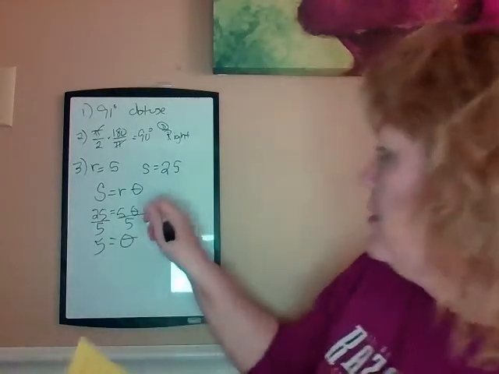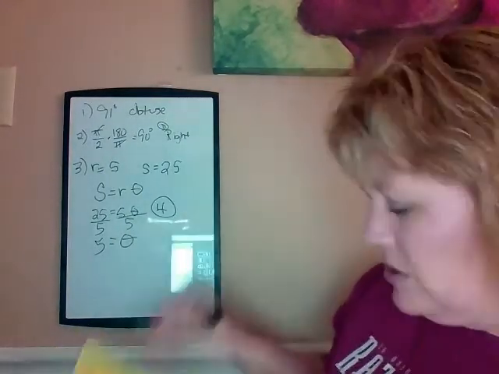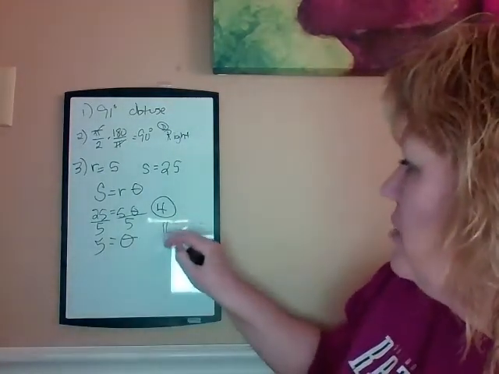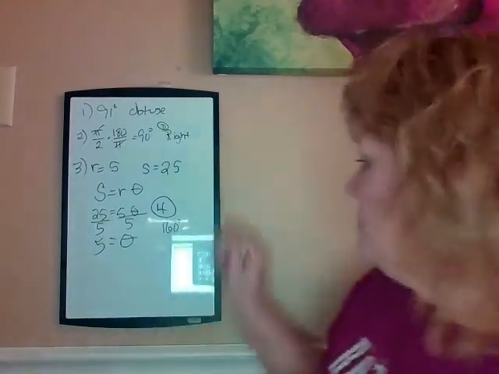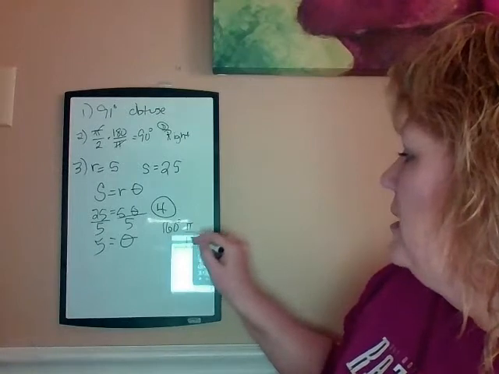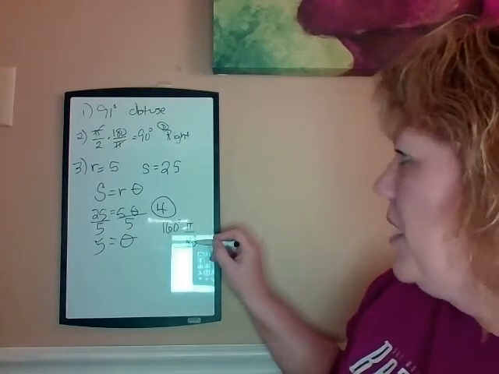Number 4 asks you to convert the angle from degrees to radians, and it's 160 degrees. What you need to do is multiply by pi over 180. If you're trying to get rid of degrees, multiply by this ratio with the degrees on the bottom.